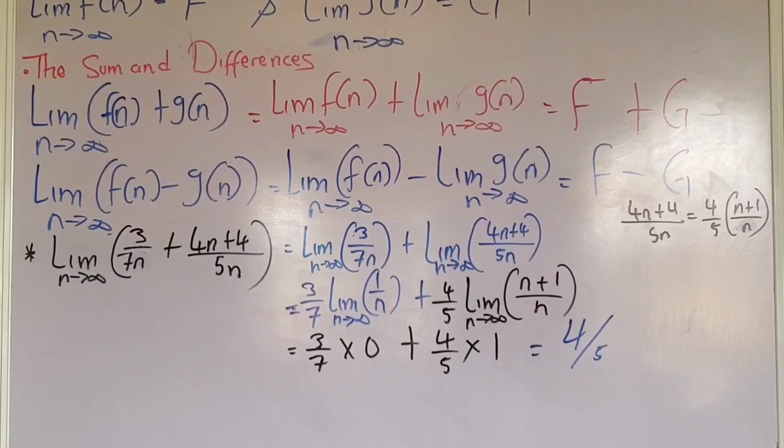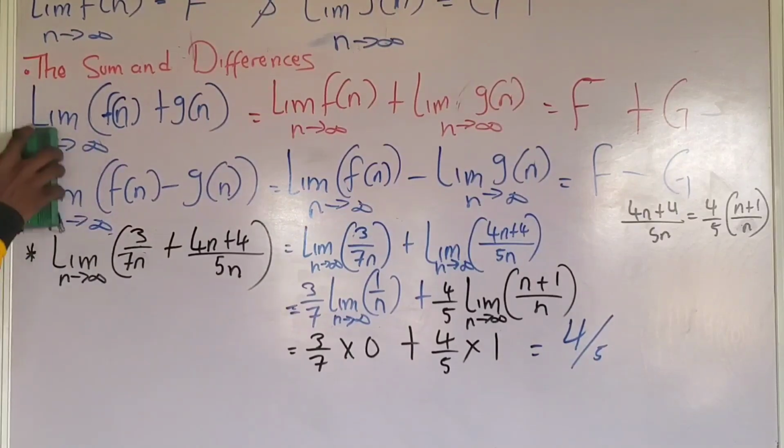Okay. Now, having understood the sum and the difference laws, let us move to the product and the quotient. You understand? The product and the quotient laws. Okay. So I'm going to erase this.